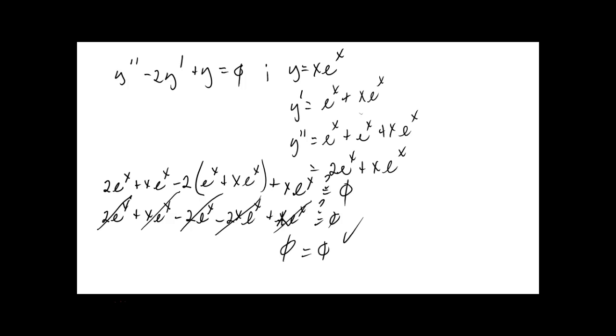A solution in which the dependent variable is expressed solely in terms of the independent variable is said to be an explicit solution. Like that: y is equal to x e to the x. The y is a function of x alone. And it may have more terms there, more variables, more constants, whatever.